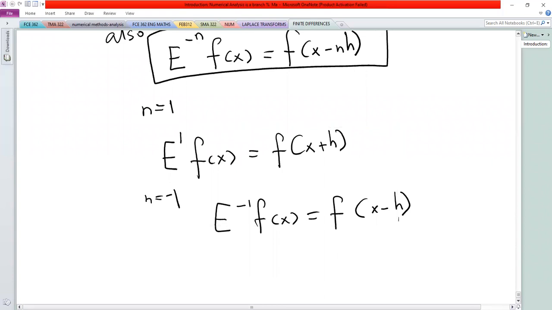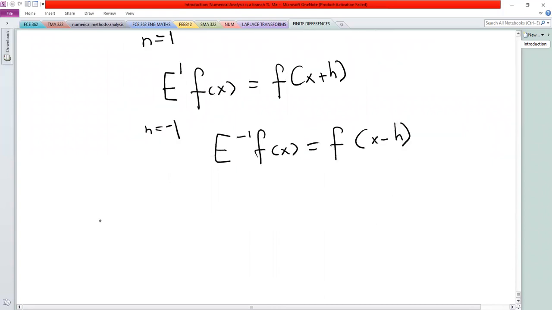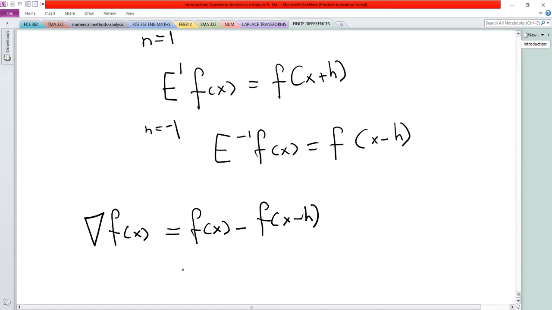So that if I have backward of f of x given by f of x minus f of x minus h, then I'm allowed to replace f of x minus h by e raised power minus 1 f of x.